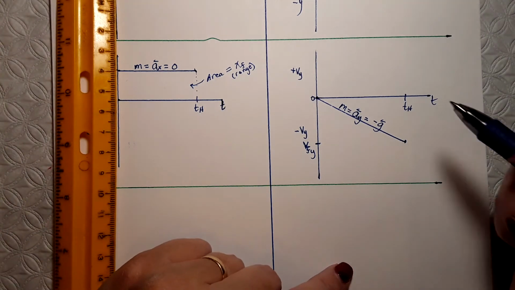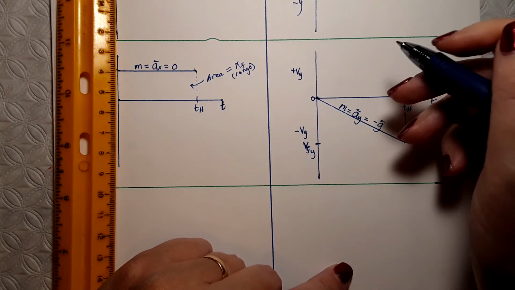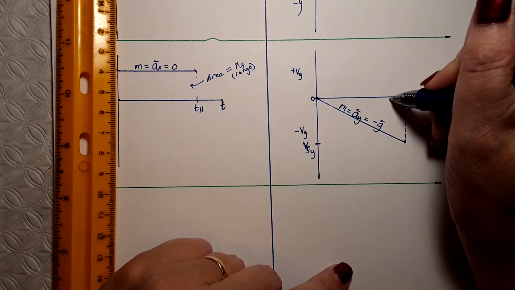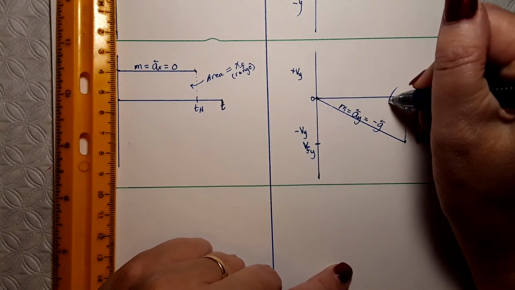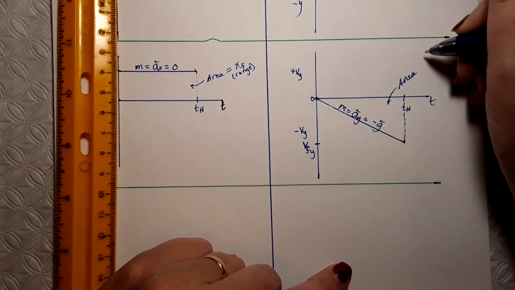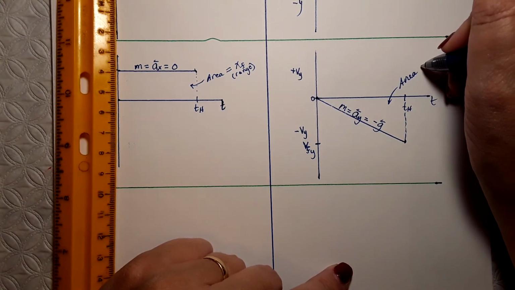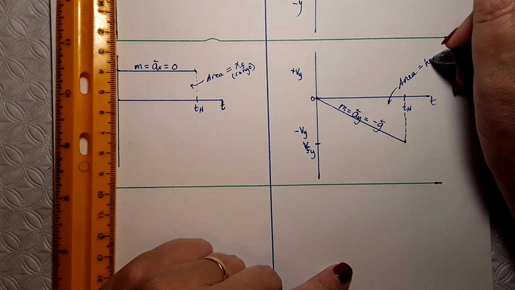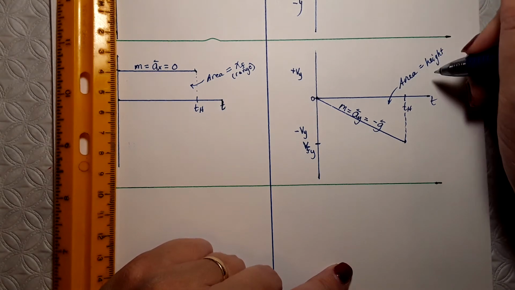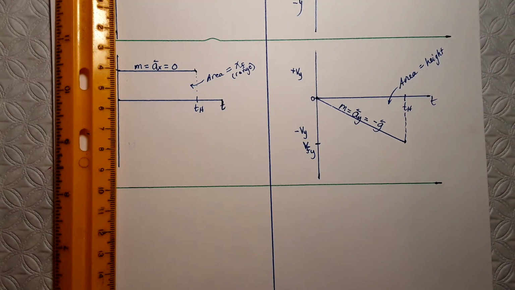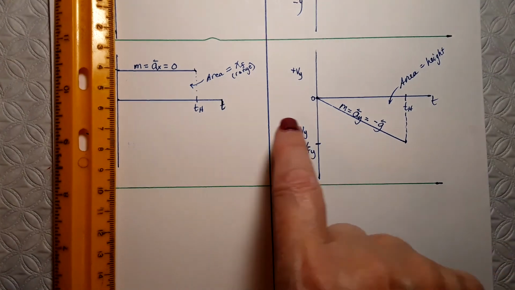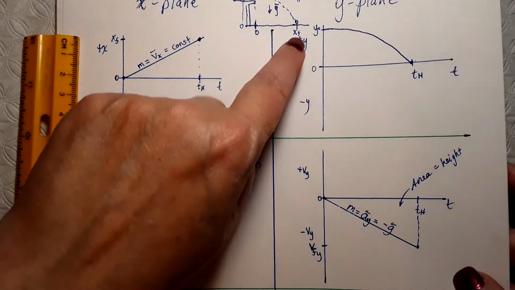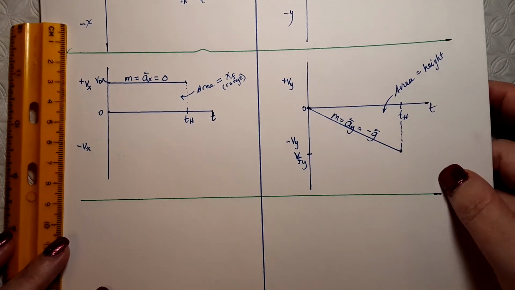If you look at the area right here between the x-axis and this, this area gives you your vertical height that you fell from, okay? That gives you your vertical height. Y, it would be the y sub o up there. 0 to y sub o, this should be equal to y sub o, the height from which you fell, okay?